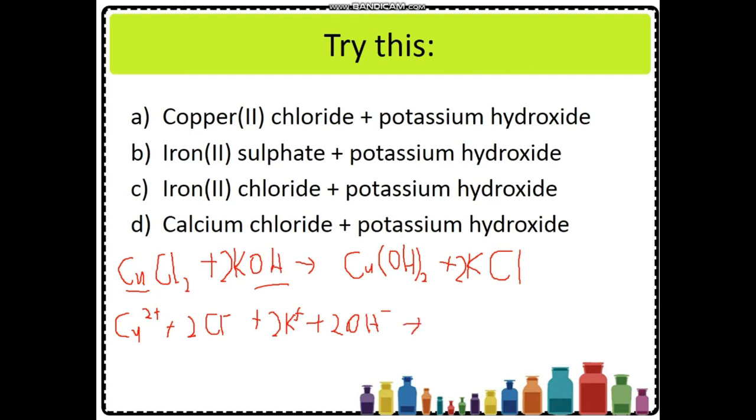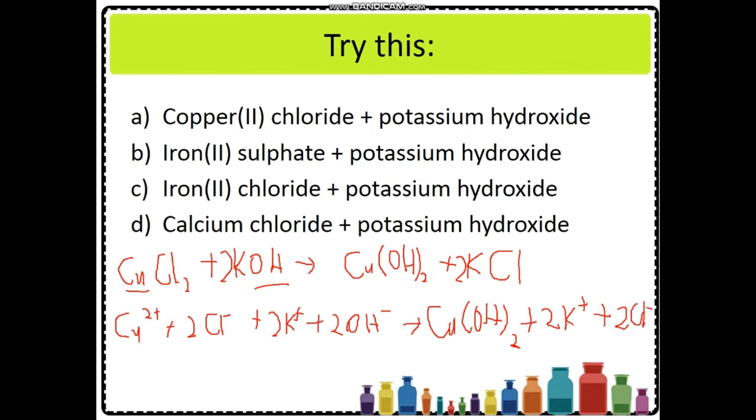Copper hydroxide is an insoluble metal hydroxide, so it is Cu(OH)2. Plus KCl, a soluble salt, 2K plus, 2Cl negative.